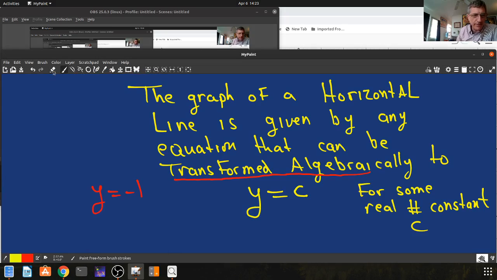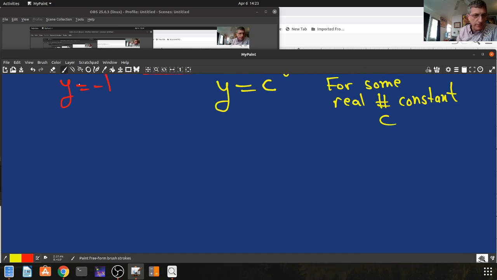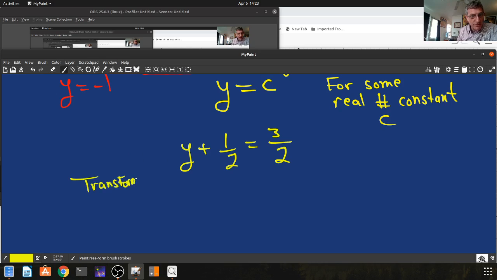Suppose I have something like this. And the reason I'm doing this is because I know you're going to see them. y plus 1/2 is equal to 3/2. Well, as soon as I solve for y, so that's the equation. So here's my algebraic transformation. What is my algebraic transformation? It's a fancy word for moving the plus 1/2 term to this side and solving for y.